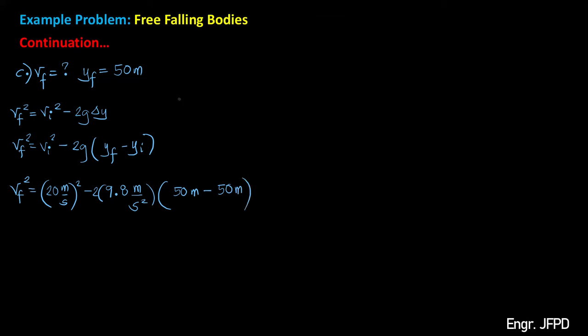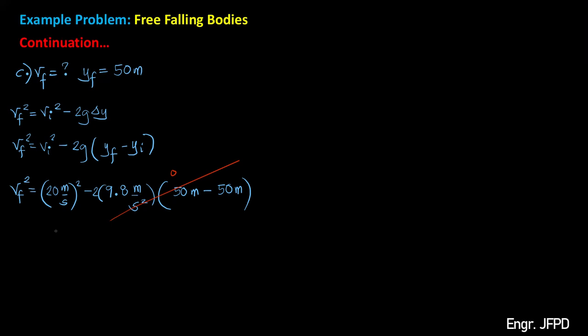And as we see, the delta y is equal to 0 because there is no change in position vertically at all. Therefore, this negative 2g delta y will become equal to 0.